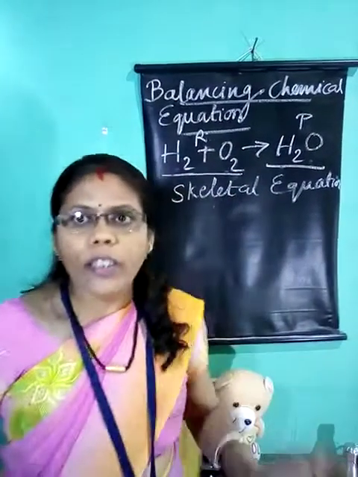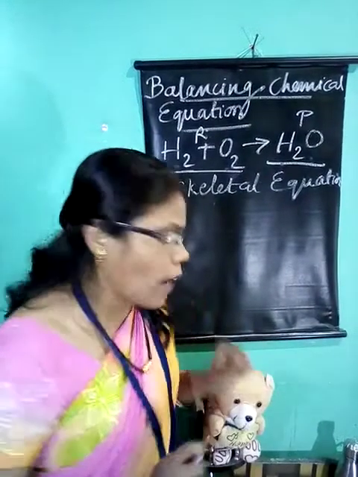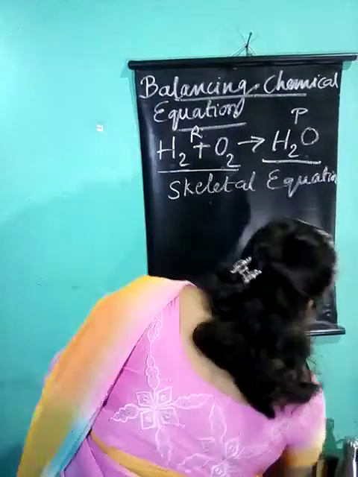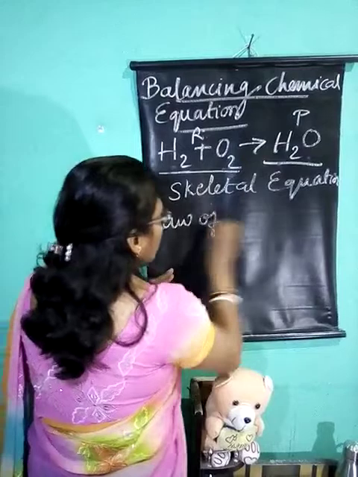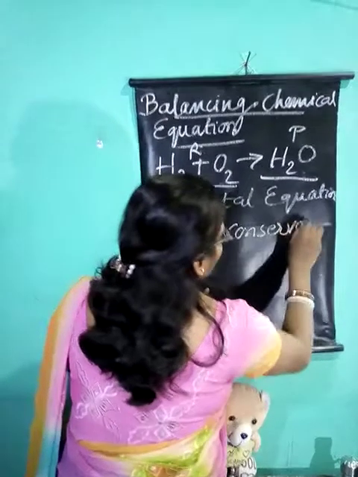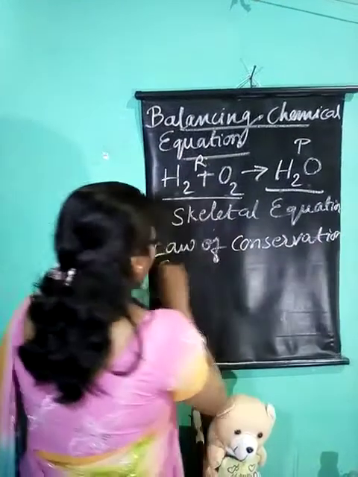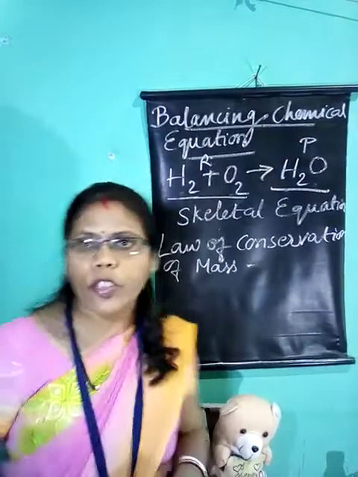Now what is the need to balance any chemical equation? The need to balance a chemical equation is to satisfy the law of conservation of mass. You have studied this in the previous year. What is the law of conservation of mass?